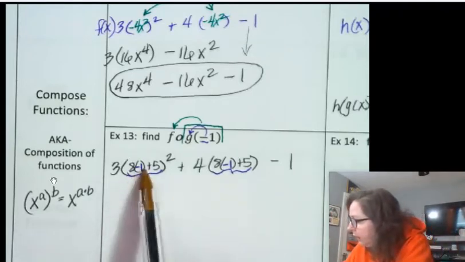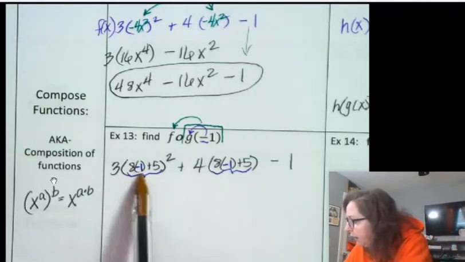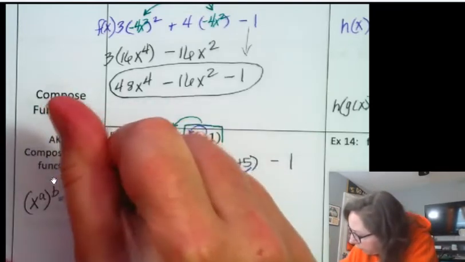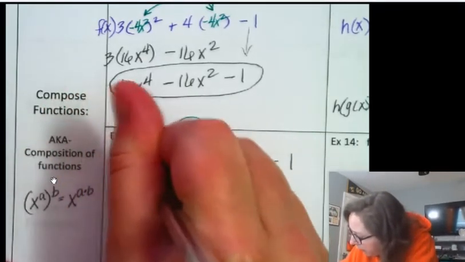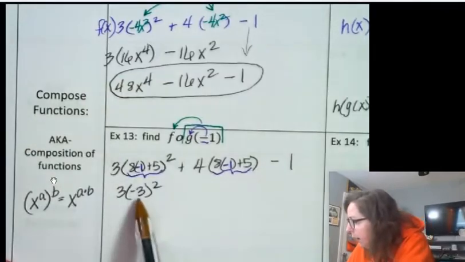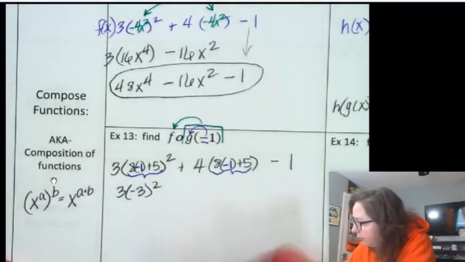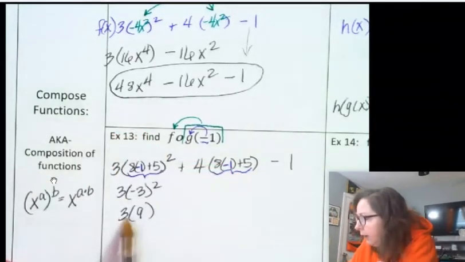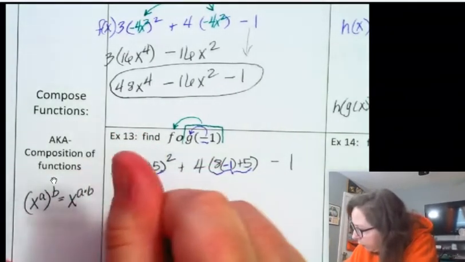So 8 times -1 is -8. -8 plus 5 is -3. And then -3 squared is 9. And 9 times 3 is 27.